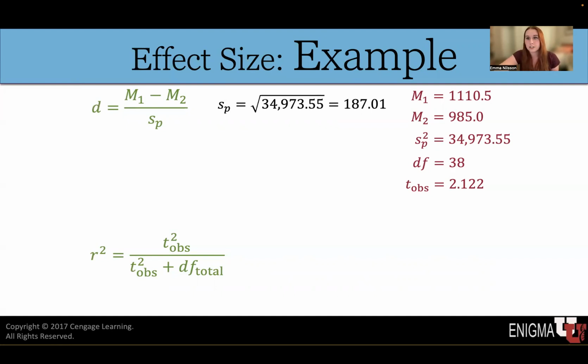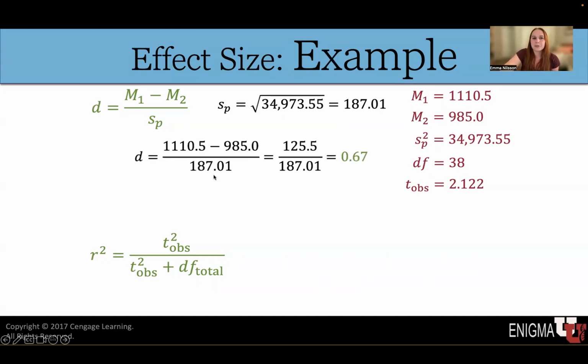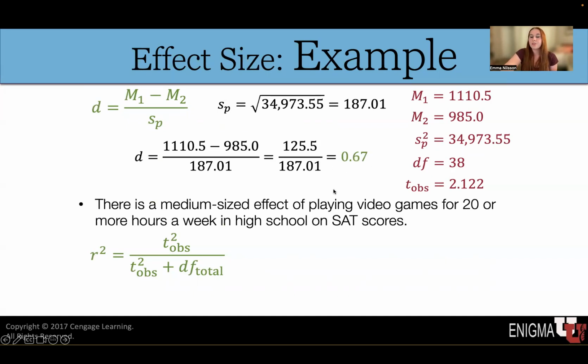So the pooled standard deviation here is just the square root of our pooled variance here. And then we're going to use that with the difference between our two means to get our d value of 0.67. And if we go back to our conventions, you'll see that this is a medium-sized effect of playing video games for 20 or more hours a week on SAT scores.